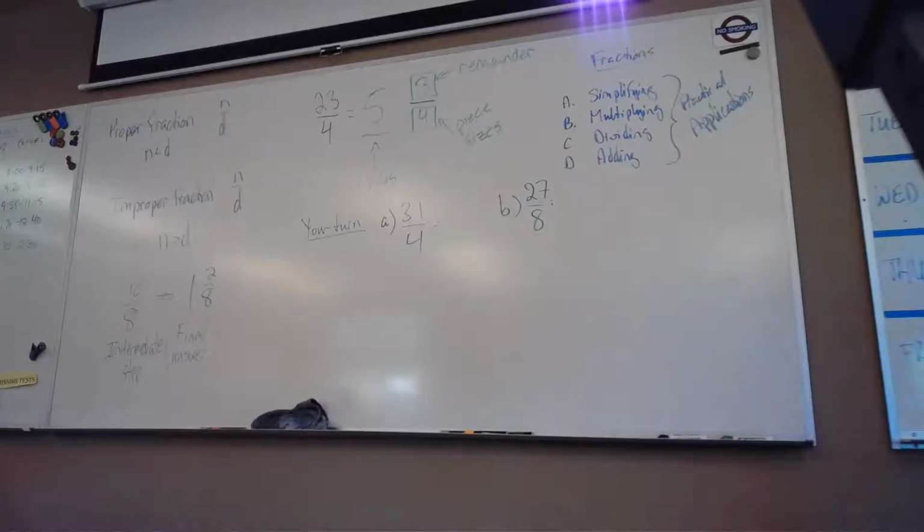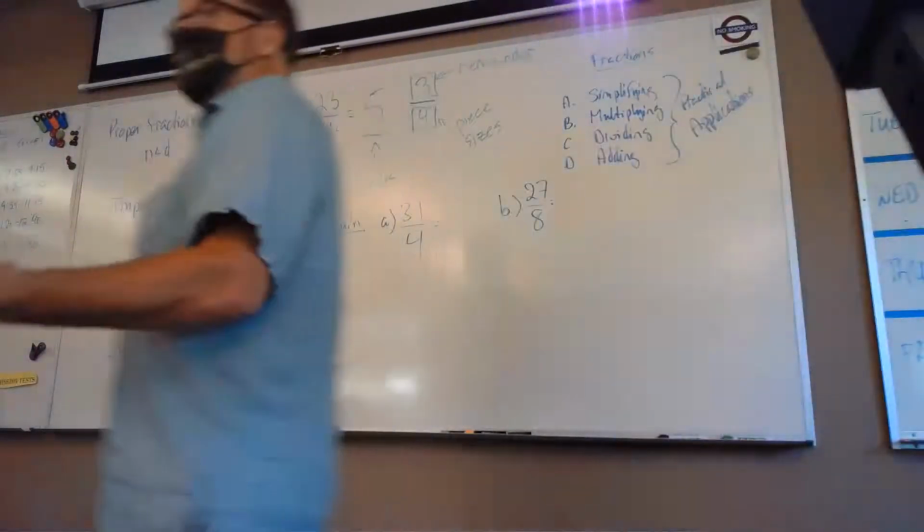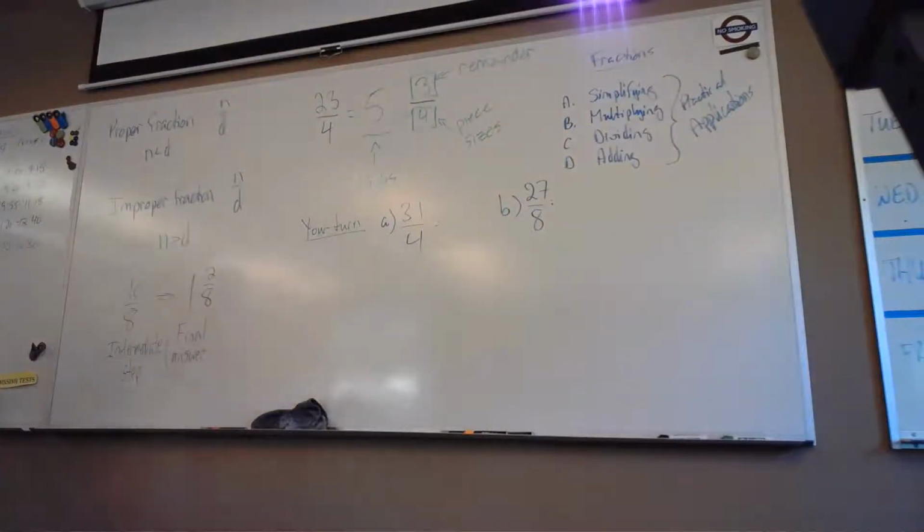These are all going to be generally relatively small numbers. This is, again, why they sort of make you learn that 12 times table at one point. As you use them more, it'll get easier and easier to keep using them. And you can really save yourself a lot of time once you get comfortable with the numbers by being able to just look at it and go, like you guys did with the 23, oh yeah, 4 goes into that 5 times, remainder 3.